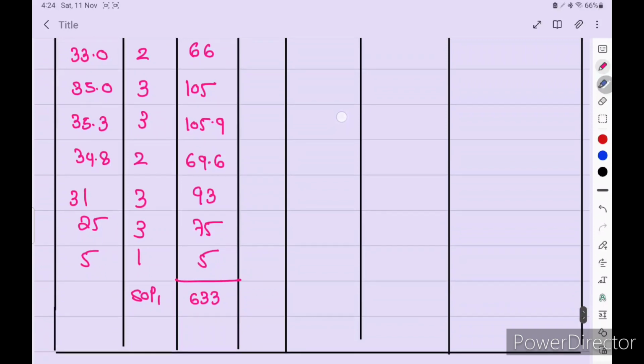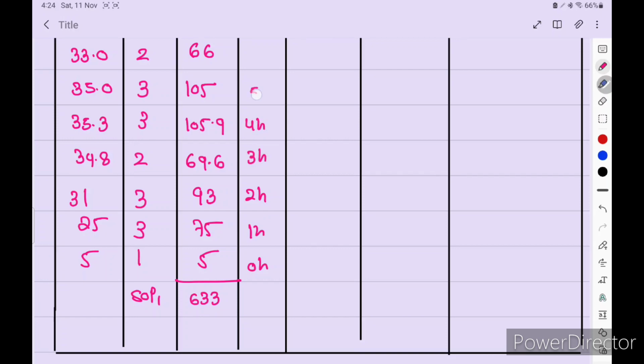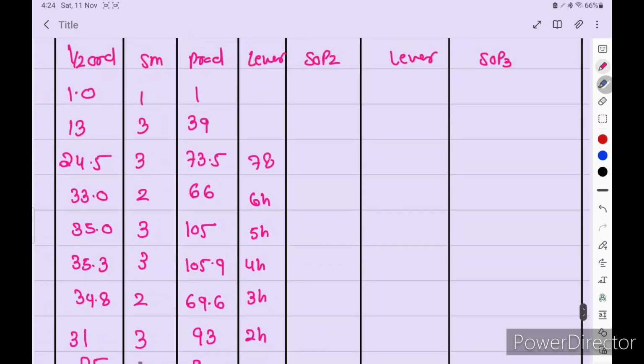Then lever from the aft. So 0h, 1h, 2h, 3h, 4h, 5h, 6h, 7h, 8h, 9h.